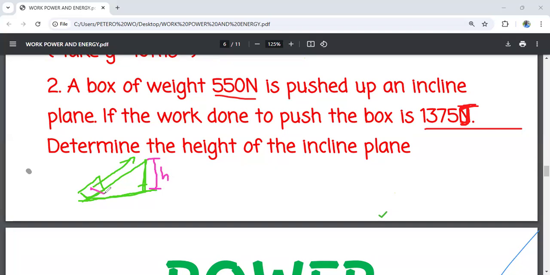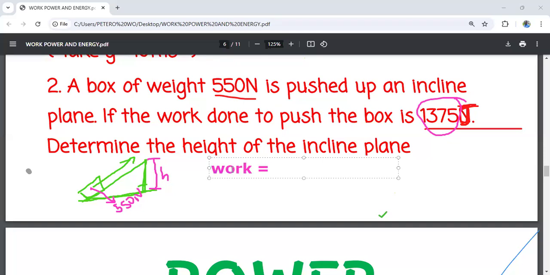So if the weight of this body is 550 newtons, and they have given us the work done as 1,375, we'll have our formula, work.